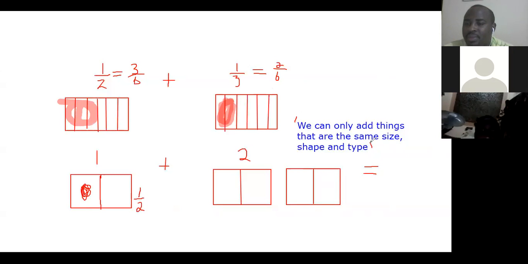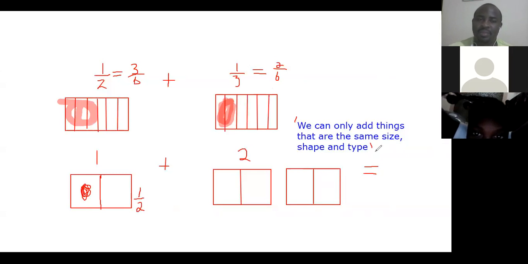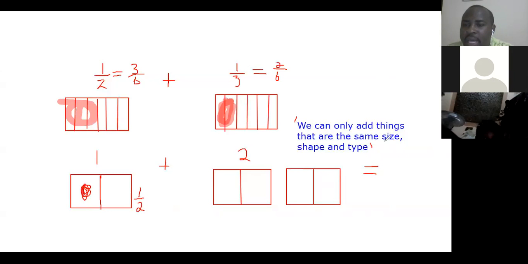They have the same size. They have the same type.